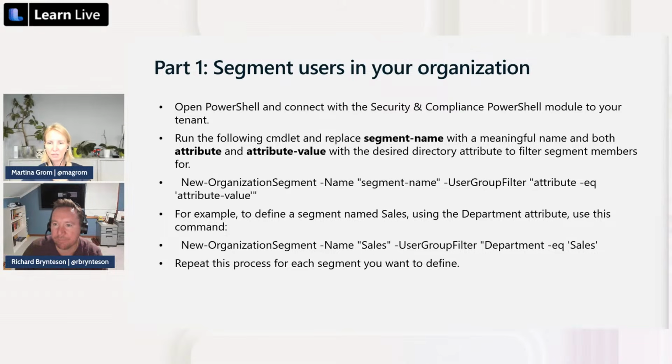You need to segment the user so that he's only in one segment. Also, if you segment your users, think about certain directory attributes that you see. It's the department, it's the location, or anything else, to use group filters in here.